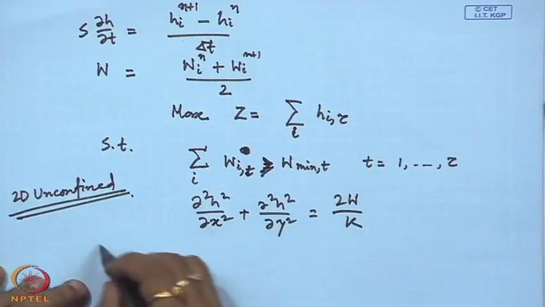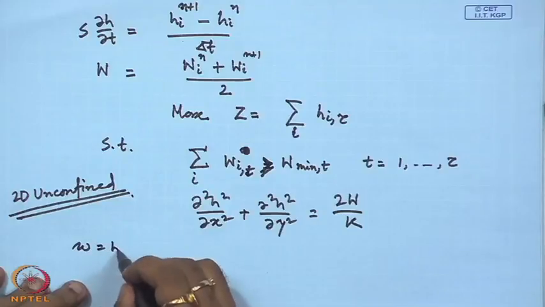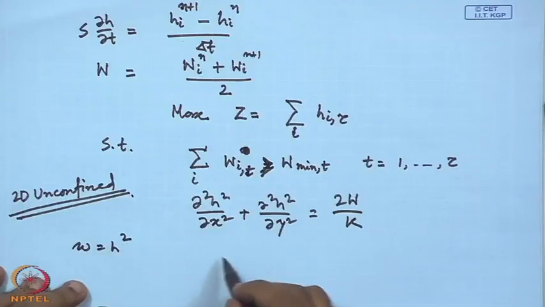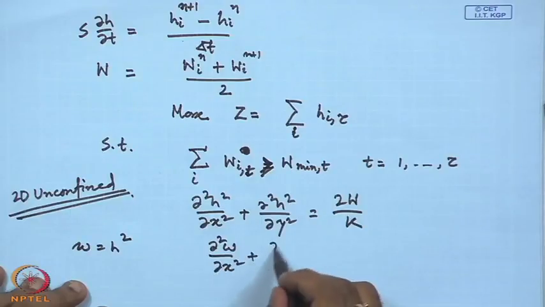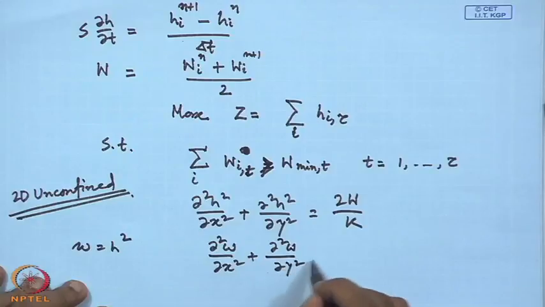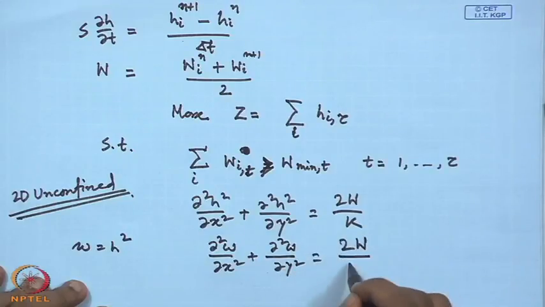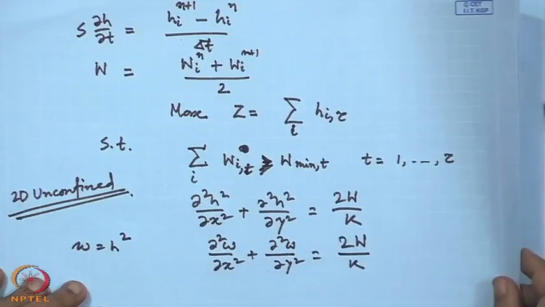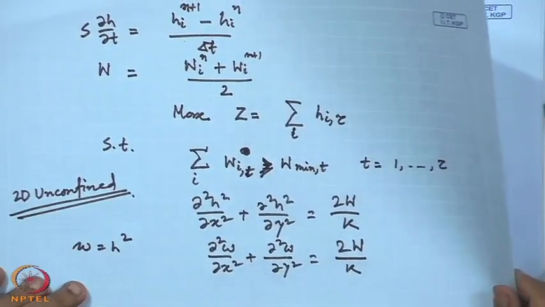With our usual substitution for unconfined aquifers, we can rewrite the equation as del 2 w by del x 2 plus del 2 w by del y 2 equals 2 w by k.